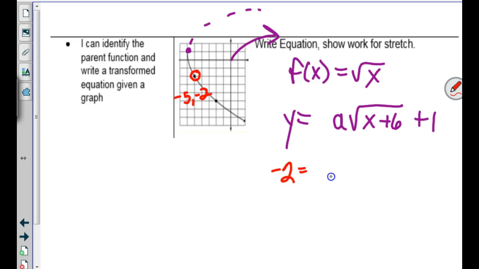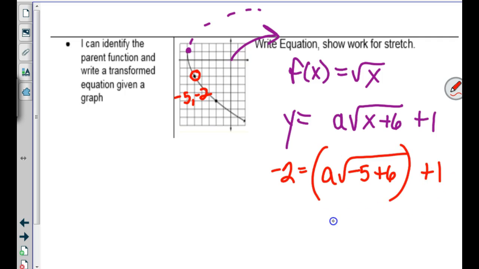So put the -2 in here and the -5 in here. And just remember, all of this is multiplied together, not the +1. All right. -5 plus 6 is 1. Square root of 1 is 1. 1 times a is a, right? So what does this turn out to be?